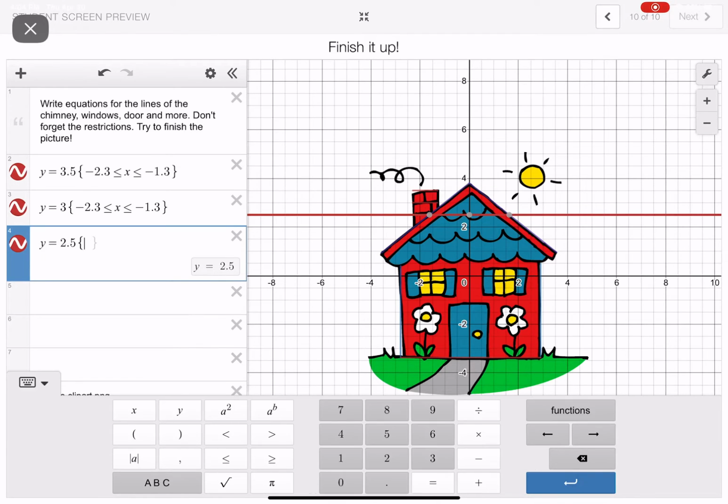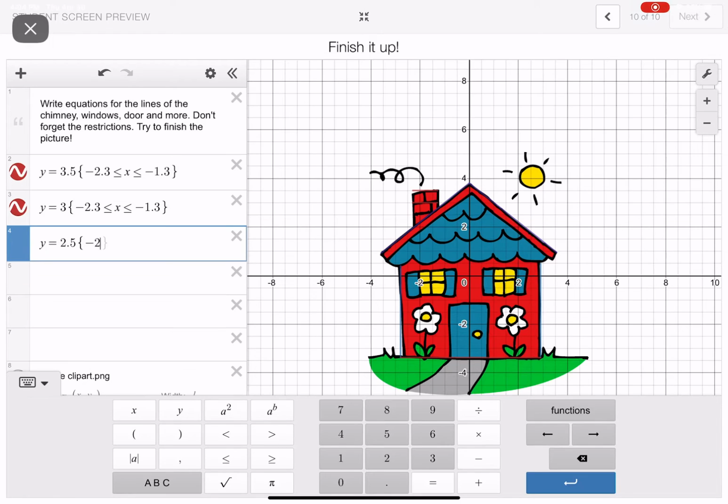It's still starting at the same place, negative 2.3, which is less than or equal to x, which is less than or equal to, it doesn't go as far on this one. Let's go with negative 1.5.